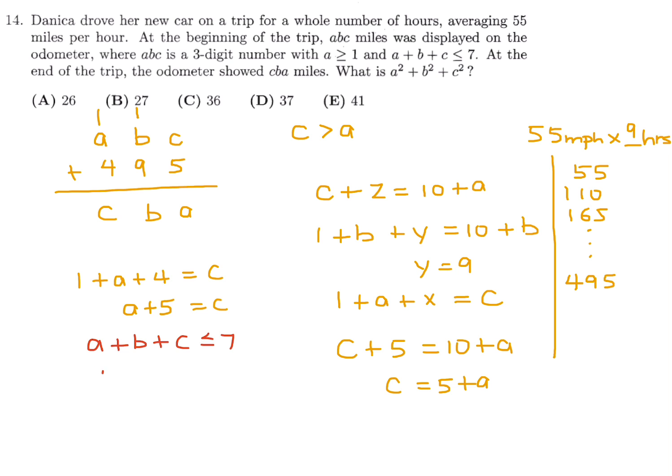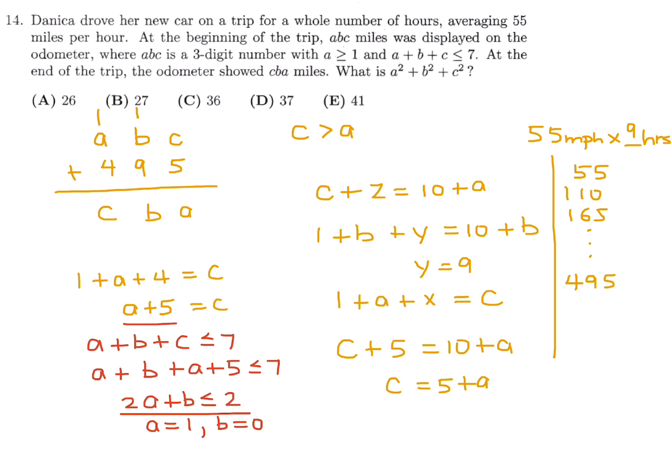Well, A plus B plus C, but C is A plus 5, so 2A plus 5 plus B is less than or equal to 7. So that means 2A plus B is less than or equal to 2. And the only way we can make this work if A is at least 1 is to make A equal to 1 and B equal to 0. And that's it.